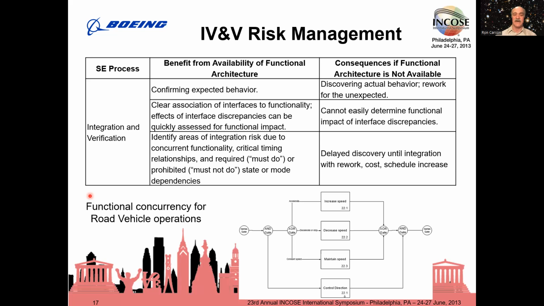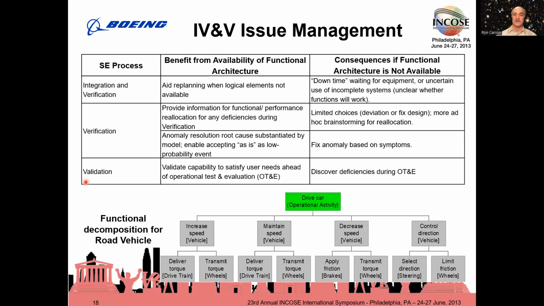And we can also identify areas of integration risk due to, for example, concurrent functionality, critical timing relationships, required versus prohibited states and mode dependencies. So we can consider the potential risks of the design ahead of time and make sure that the architecture is going to be fit for use, and we'll be able to get through integration and verification with a minimum amount of delay and rework, because we've already demonstrated in the model that the system does what it's supposed to do.